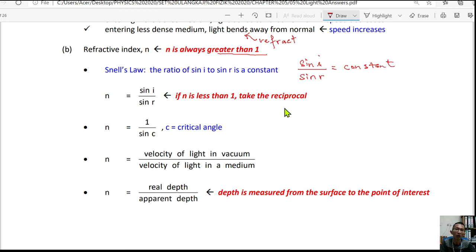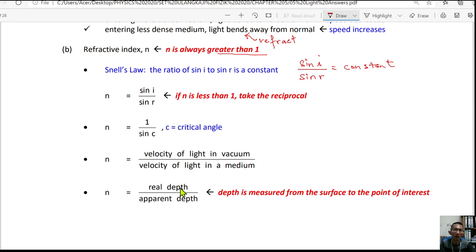Now we can also find the refractive index if we know the critical angle. If you know the critical angle, then you can use this formula: 1 over sin C, right? Other formulas for refractive index would be the velocity in vacuum divided by the velocity in a medium, for example, water.